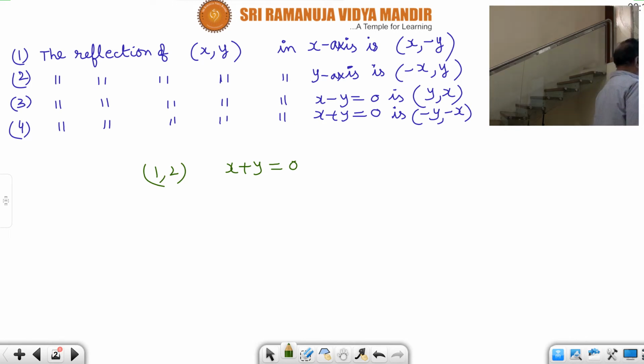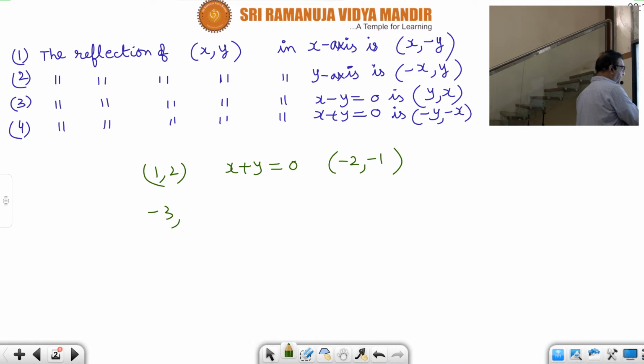See, the first step is 2 comma 1. Suppose I am a computer. I have asked my computer to interchange the coordinates, 2 comma 1. Then change the sign of both. That's all. That is the final answer.